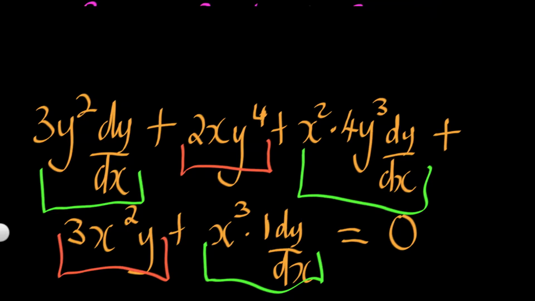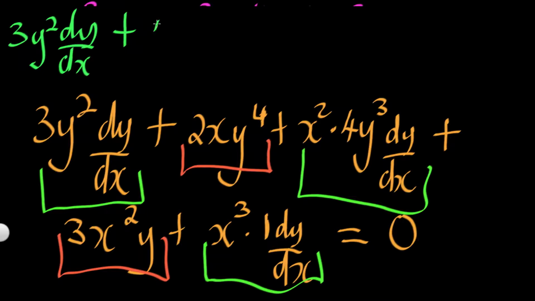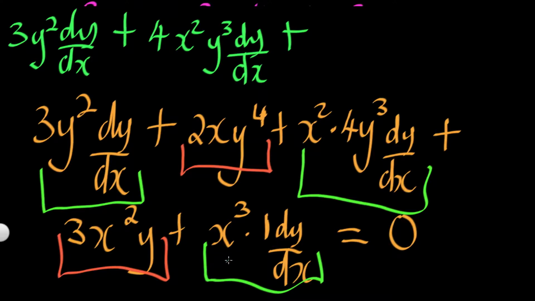All right. So I'm going to rewrite this function. So it is now 3y squared dy dx plus 4x squared y cubed dy dx plus this one here, x cubed dy dx, equals 2.